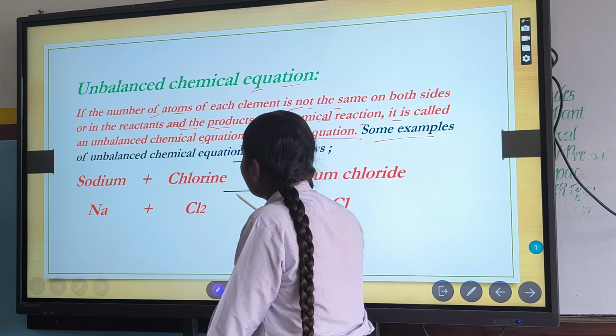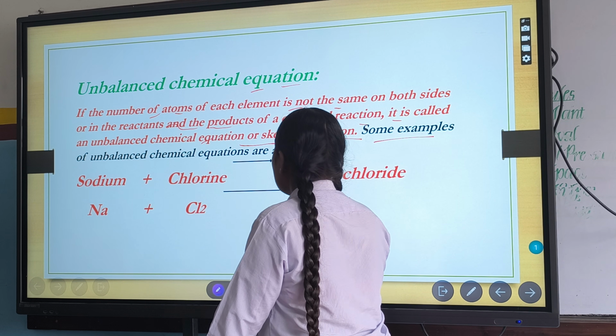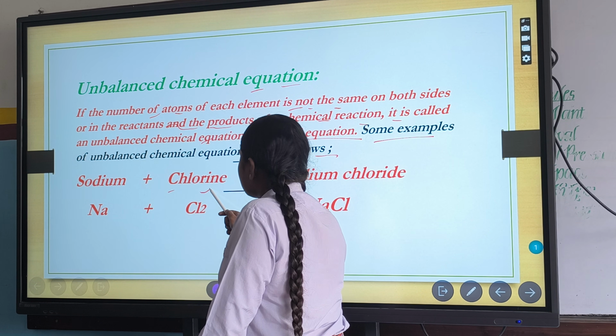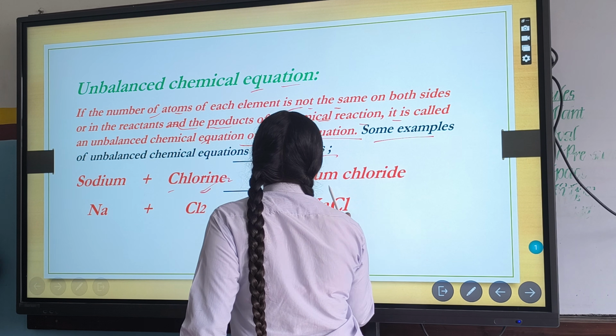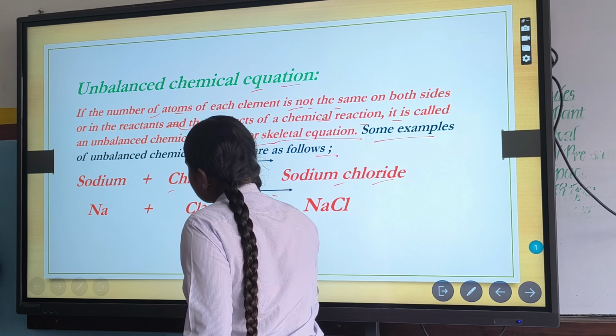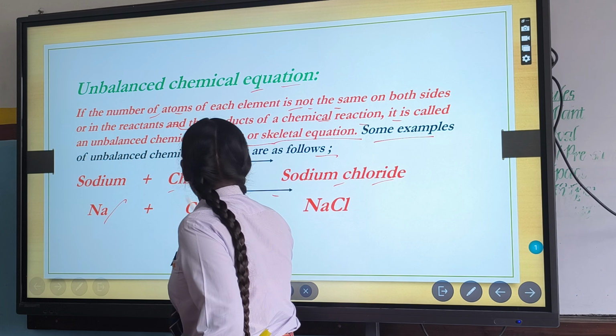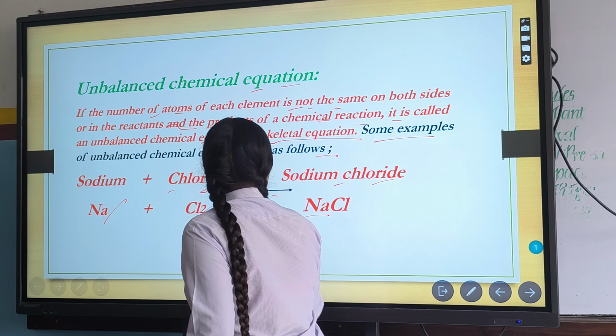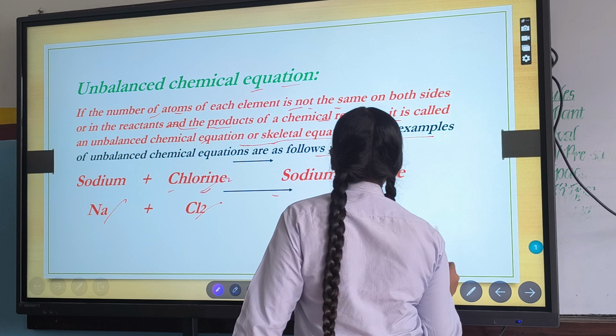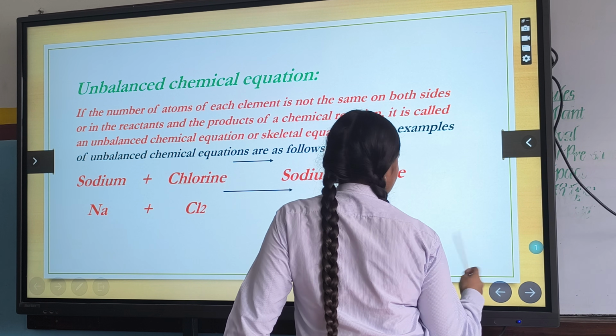Some examples of unbalanced chemical reactions are sodium plus chlorine reacts and makes sodium chloride. In this, sodium is 1 and here is also 1 sodium, and chlorine is 2 but here is only 1, so it is called an unbalanced chemical equation.